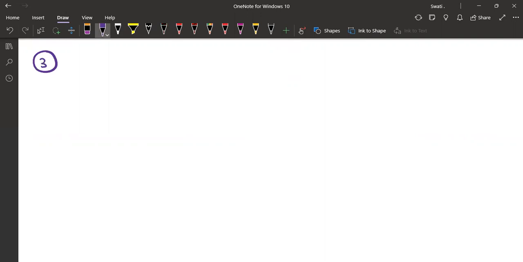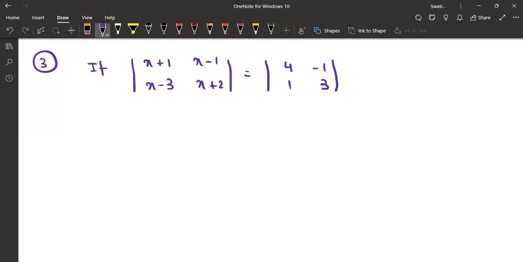Now we need to solve this particular question. It is given that the determinant of x plus 1, x minus 1, x minus 3, x plus 2 equals the determinant of 4, minus 1, 1, 3. So this is given. We need to find the value of x.